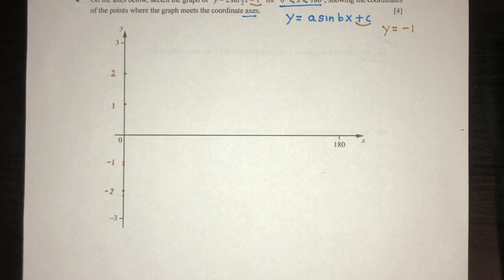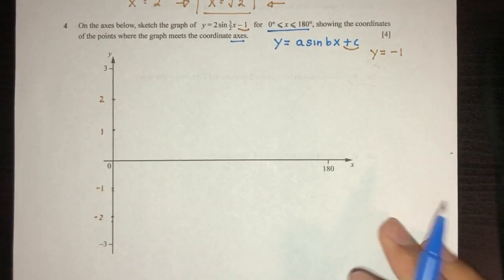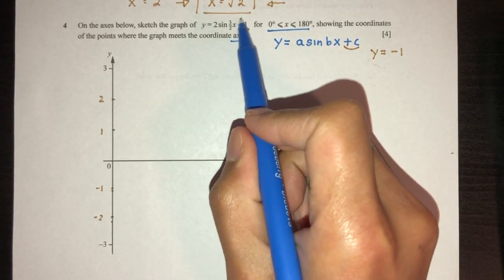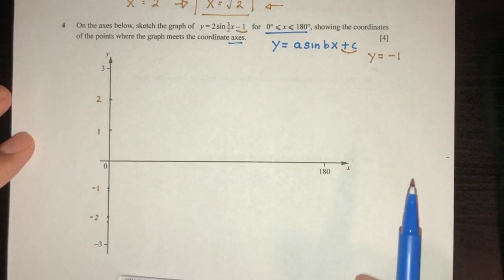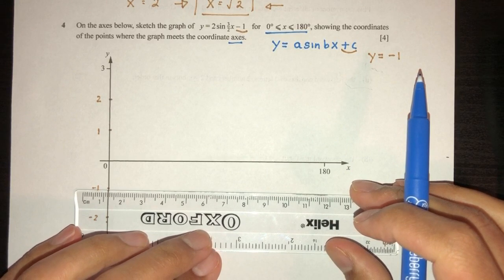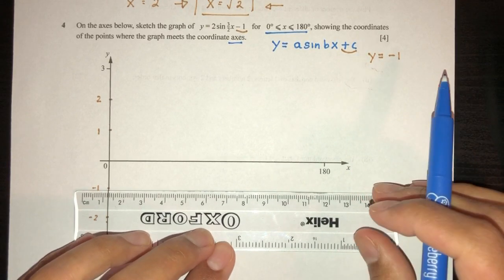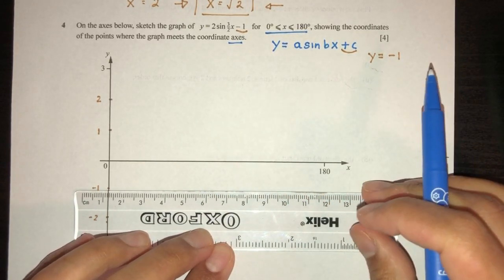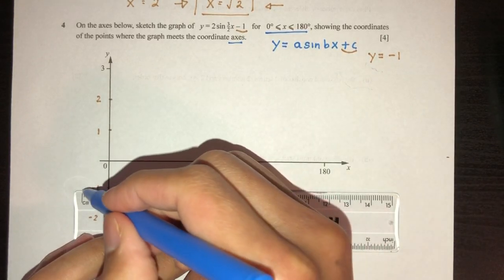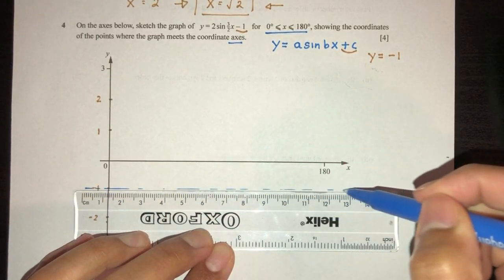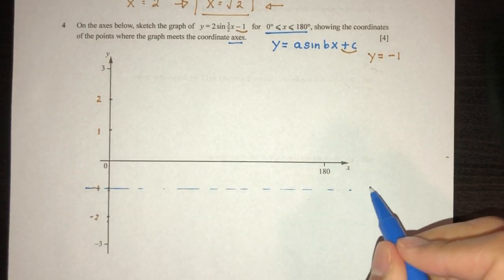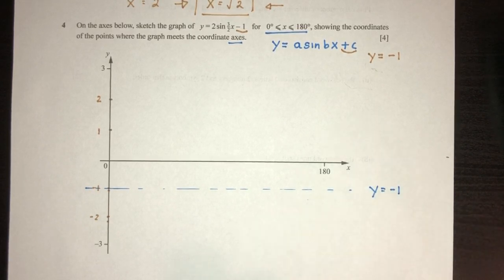Following that, we need to first draw the line of y equal to minus 1 because that's your baseline, as you can see here. So let's first draw this line. It is a horizontal line. This is your line y equal to minus 1.